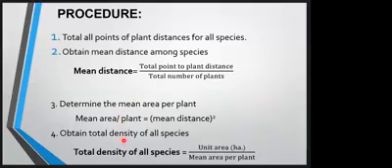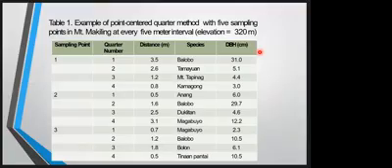Then obtain total density of all species. Total density of all species is the unit area in hectares divide the mean area per plant. So mao na siya, no? This is an example. This is a table example nga point centered quarter method with 5 sample points in Mount Makiling every 5-meter interval.